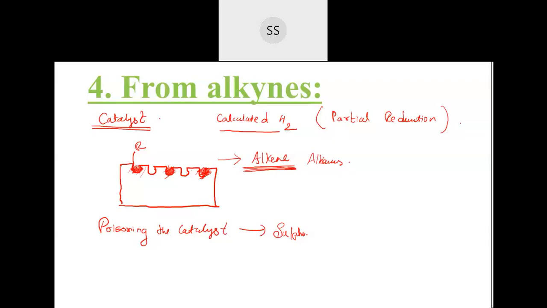This poisoning is done by adding sulfur compounds, or it is done by taking quinoline. Quinoline is taken to poison it. Quinoline is an organic compound which doesn't allow further reduction to alkanes.